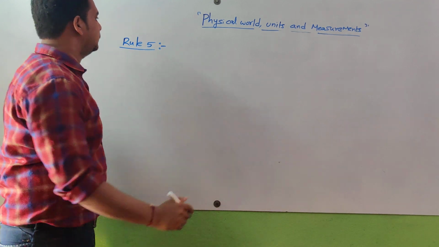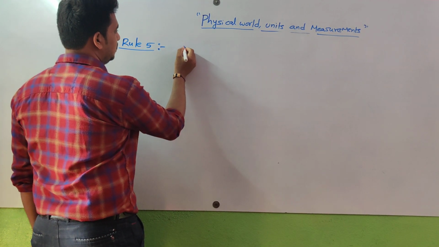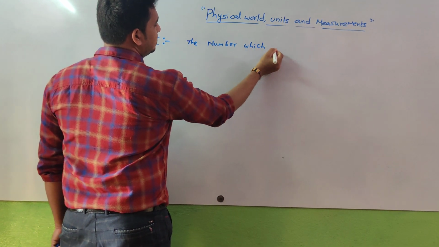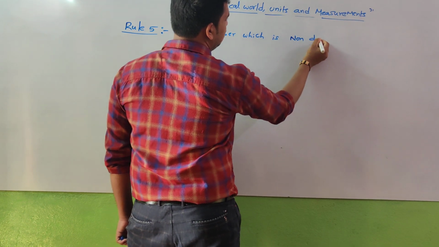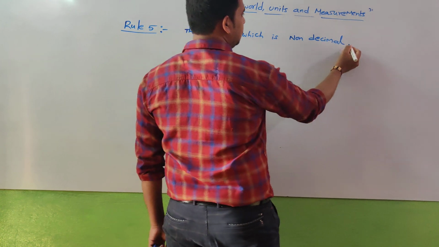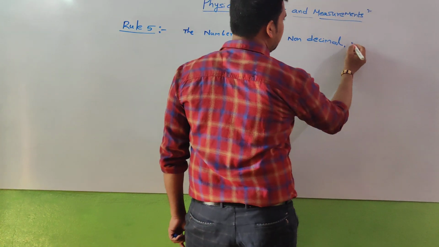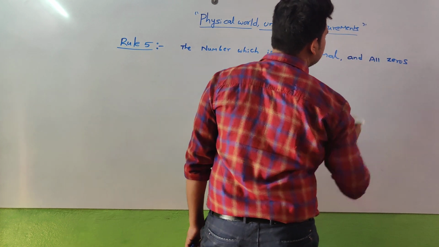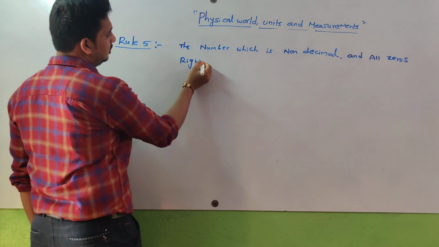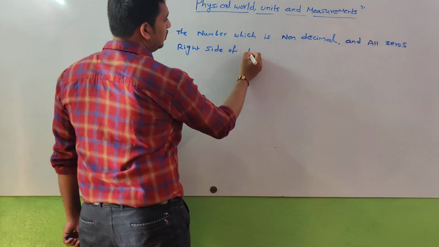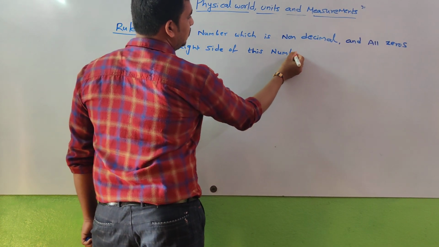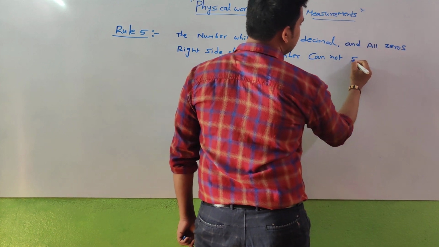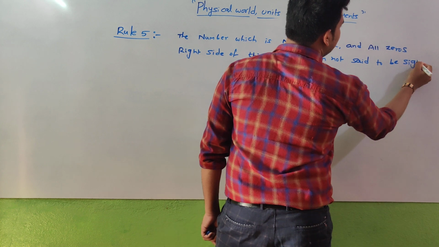So here rule 5 is: the number which is non-decimal and all zeros right side of this number cannot be said to be significant figures.